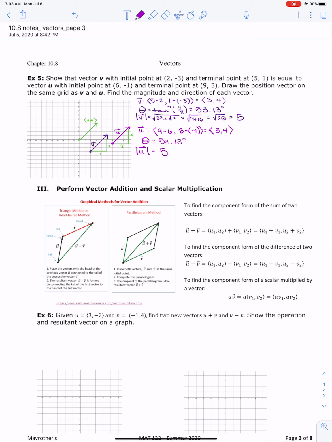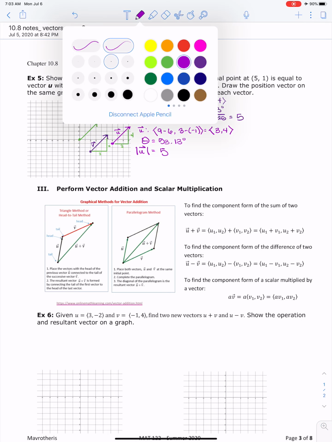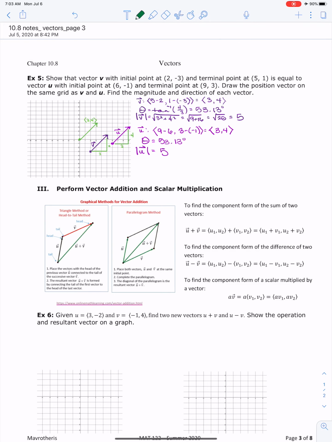Two vectors are equal if their magnitudes are equal and their direction is the same. So we can say v is equal to u because the magnitudes are the same, and the directions are the same.